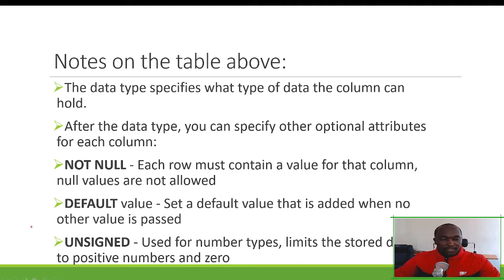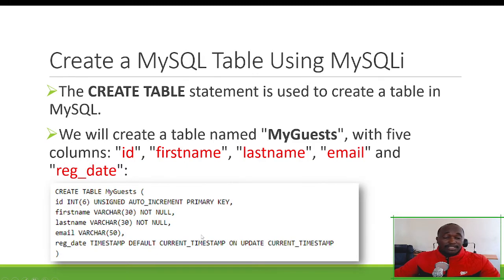Then also default. I didn't explain this very well. Default value, set a default value that is added when no other value is passed. Very important. Default sets a default value that is added when no other value is passed. So what that means is, for example, the registration date here, the data type is timestamp, but you can pass it the timestamp from PHP.